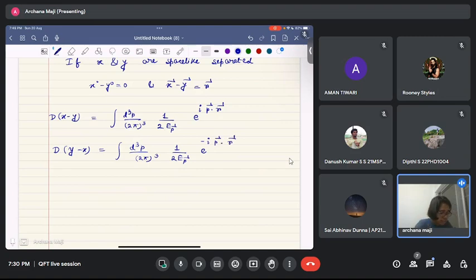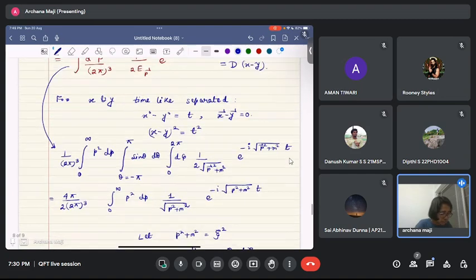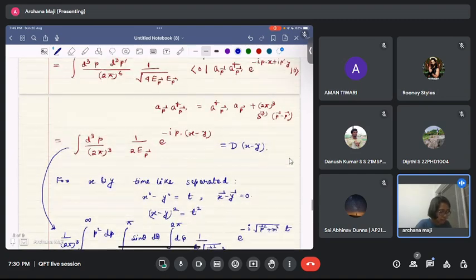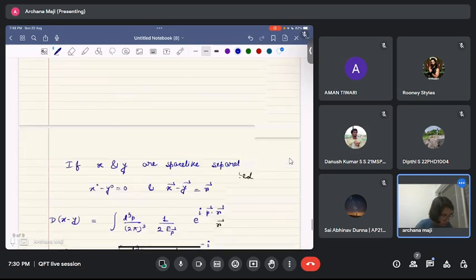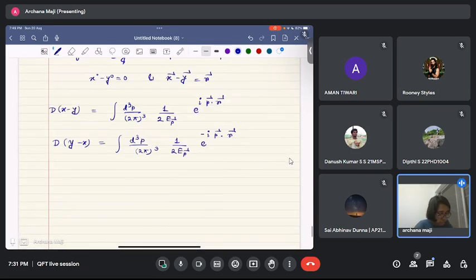Is that clear? Because it's the same term but with y and x interchanged, that's why there will be an extra minus sign there. Now these two terms are actually one and the same.